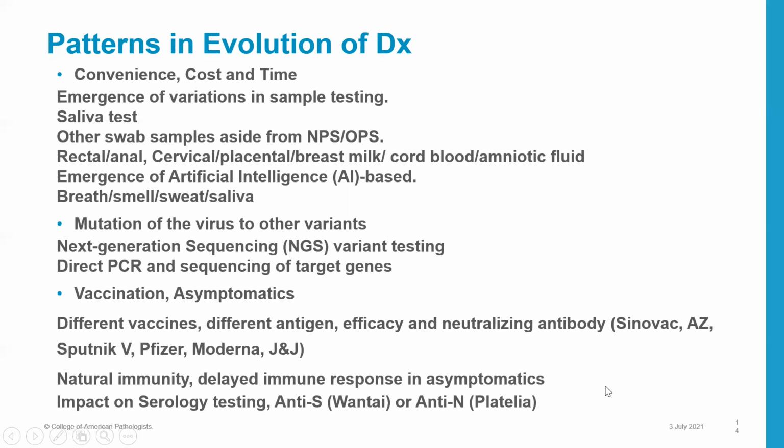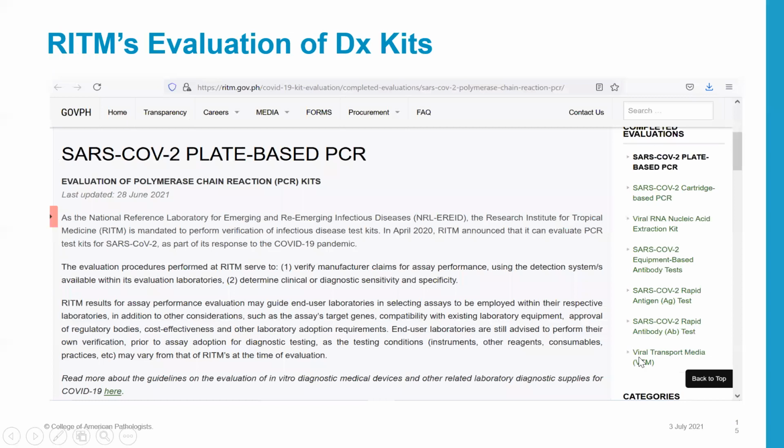That's why in our study, we're using at least 2 types of ELISA testing. One is for the unvaccinated, anti-S, and the other one is for the anti-N. Now, all these diagnostics that came out for testing during the pandemic have been established and have to undergo the evaluation system of RITM.